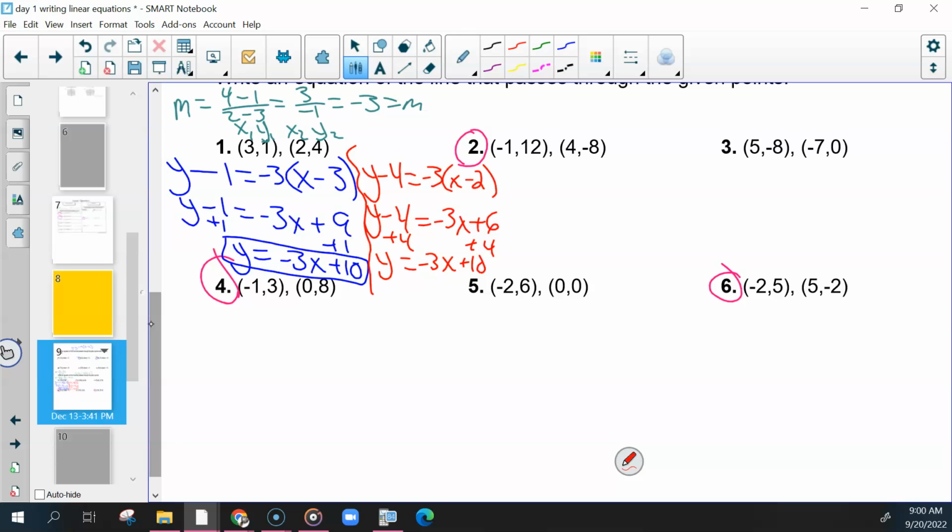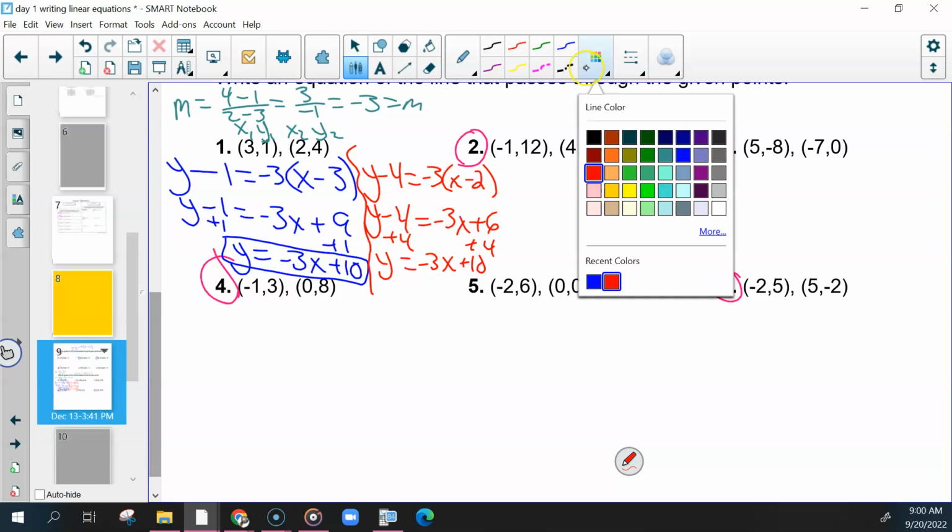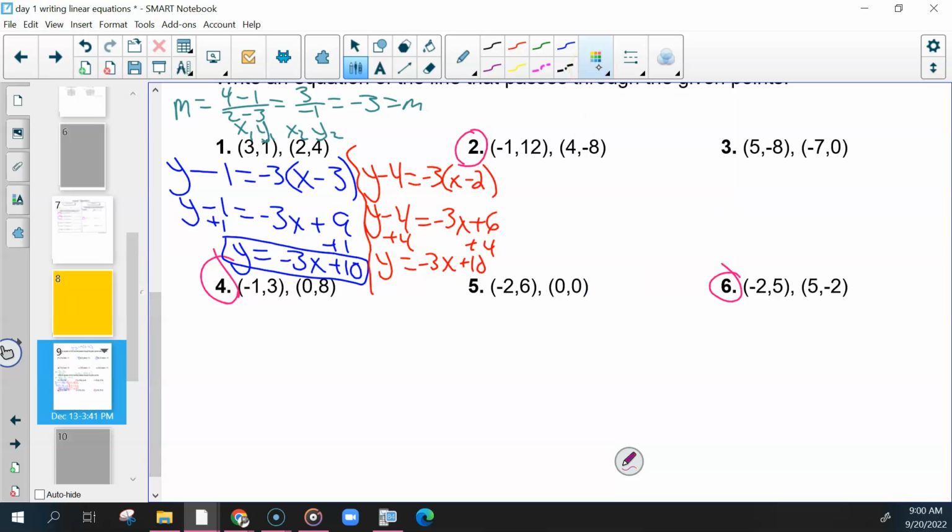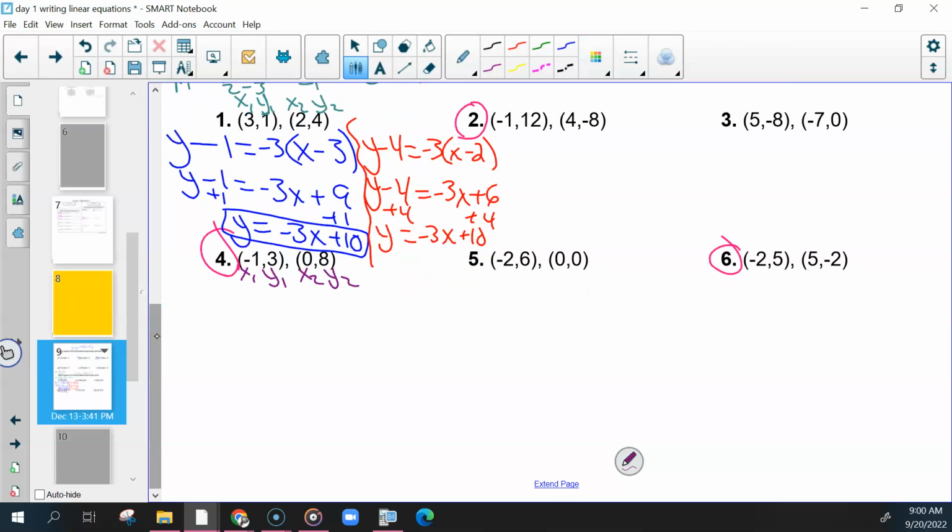I want to show you one where you may not have to do a lot of work. Like number 4. So you still have to find the slope no matter what, because that's not given to you. We're finding our slope, that would be 8 minus 3 over 0 minus a negative 1.